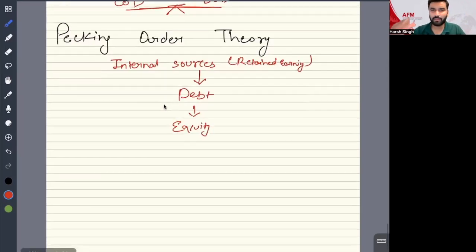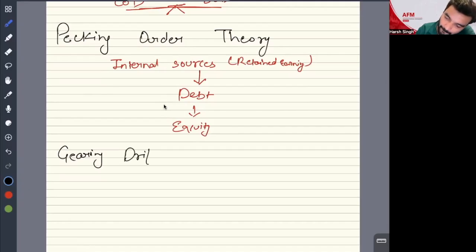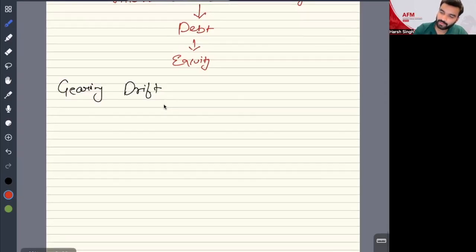Then there is one more theoretical topic which is called gearing drift. Gearing drift, everyone. Now, what do we mean by gearing drift? Look, we have a certain ratio of debt and equity, right?